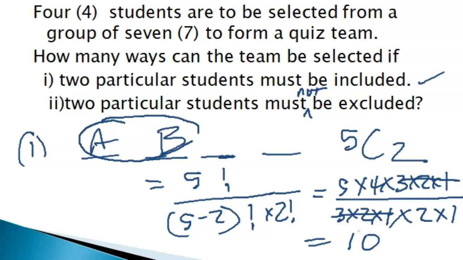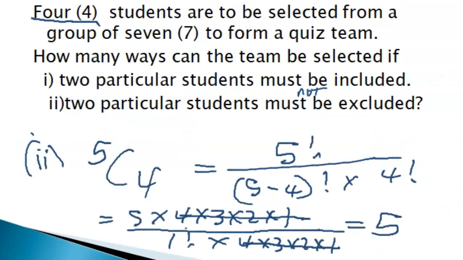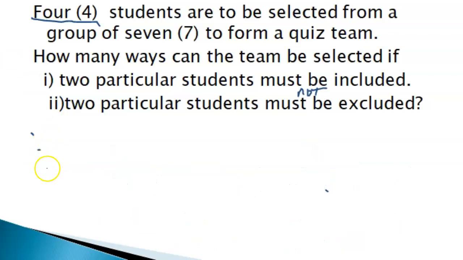Let's look at part 2 now. In the second part of the question, if 2 students must be excluded from the team, remember you're selecting from 7 persons, and if 2 are ruled out, then you're really just selecting from 5 persons now.